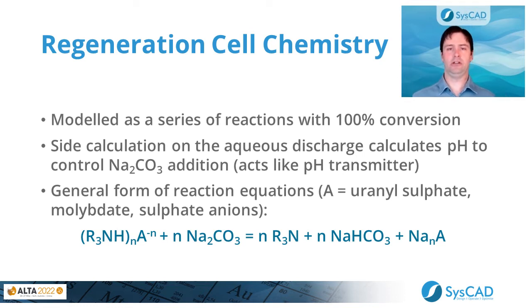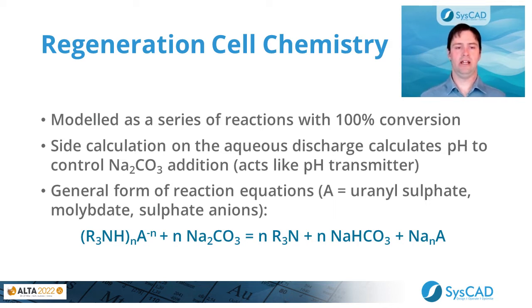Finally, regeneration cell chemistry. So the regeneration cell takes the washed organic, and it is modeled using a series of reactions with 100% conversion. So in this, we also use a side calculation. A side calculation essentially looks at a stream in SysCAD and calculates the pH based upon the thermodynamic model being used. So think of it like a pH transmitter.